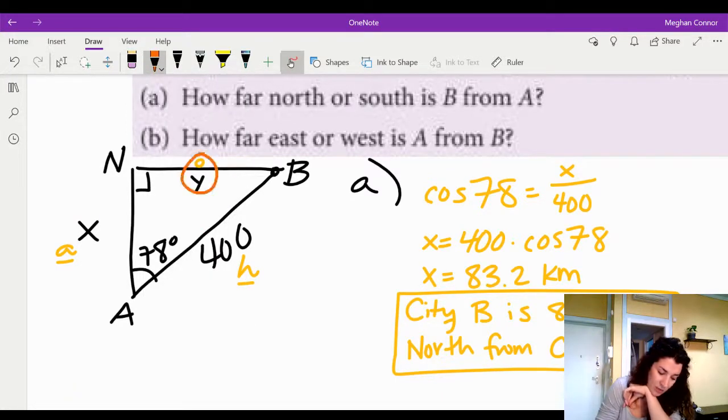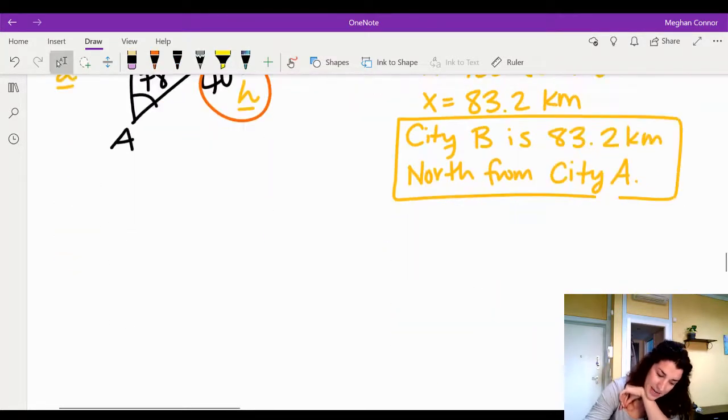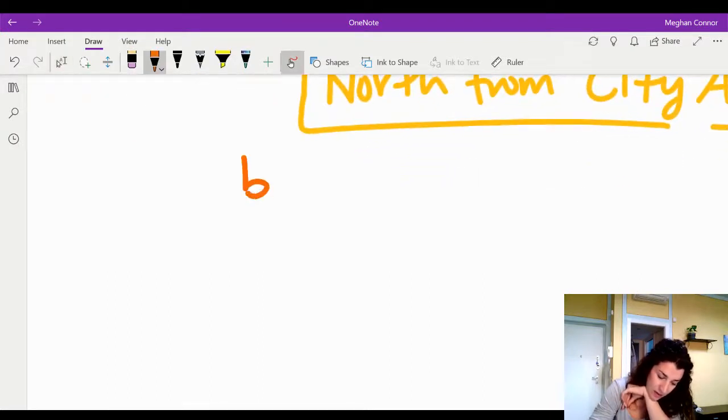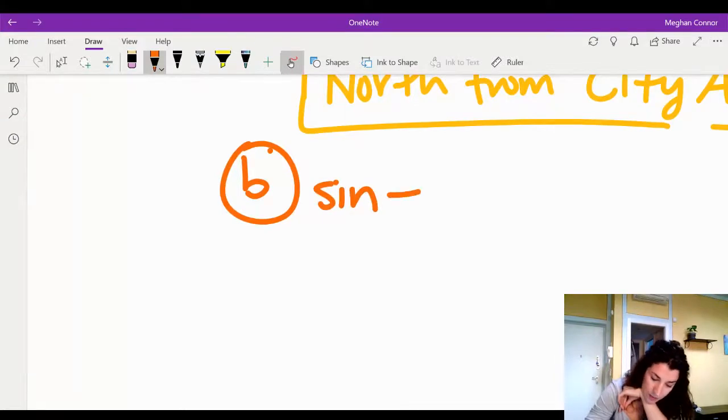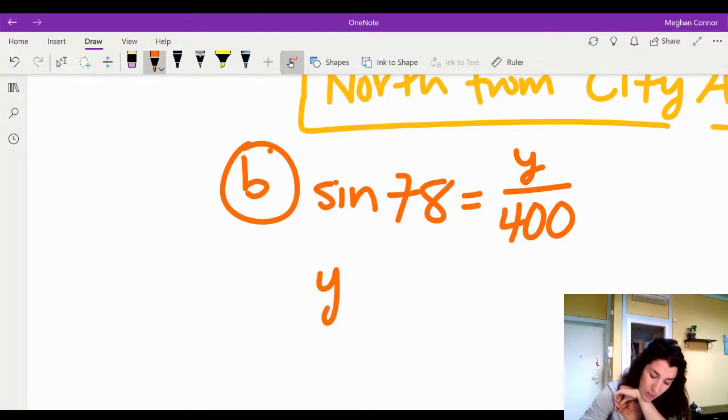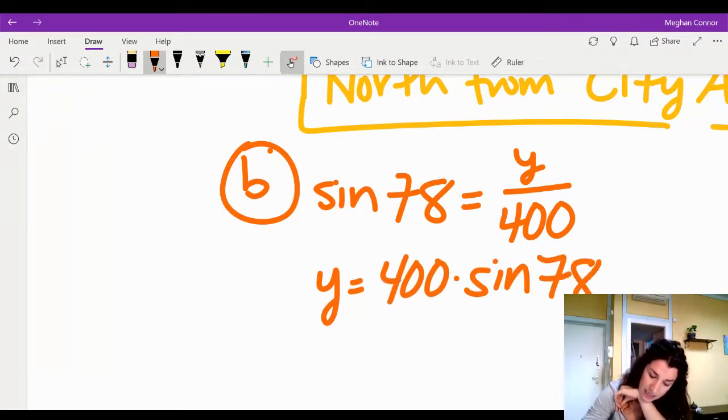We want to solve for opposite, and we have the hypotenuse, so we're going to be dealing with sine. Sine of 78 is equal to opposite, which is your y value, over the hypotenuse, which is 400. So I get that y is equal to 400 times sine of 78.